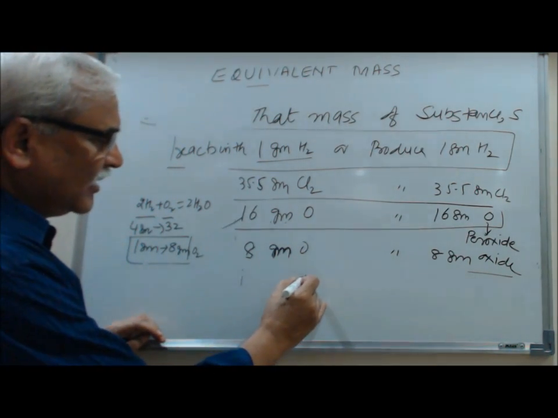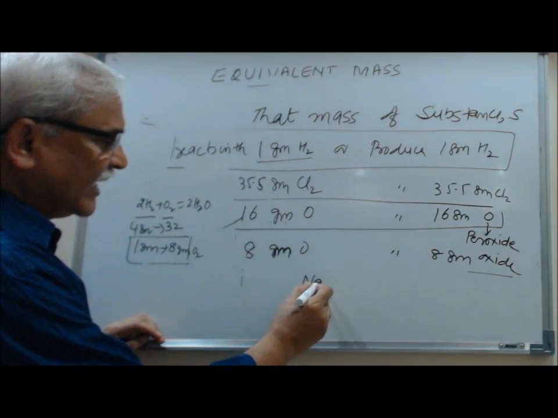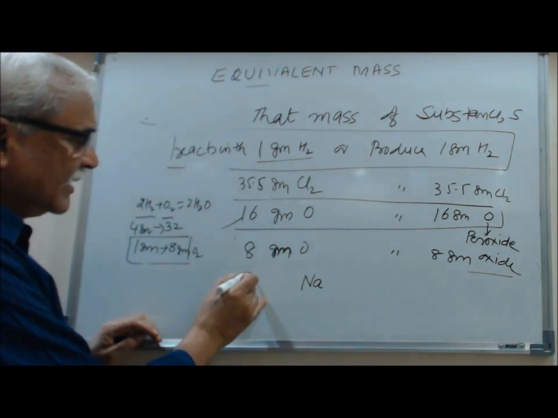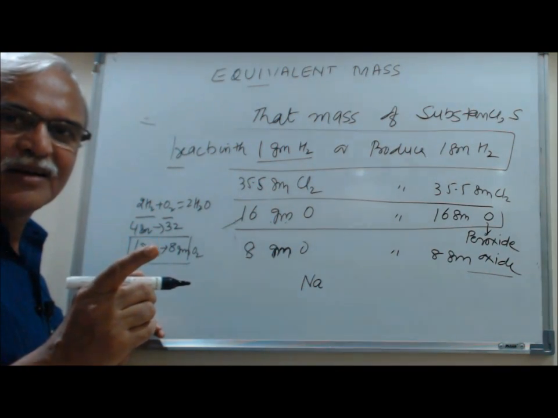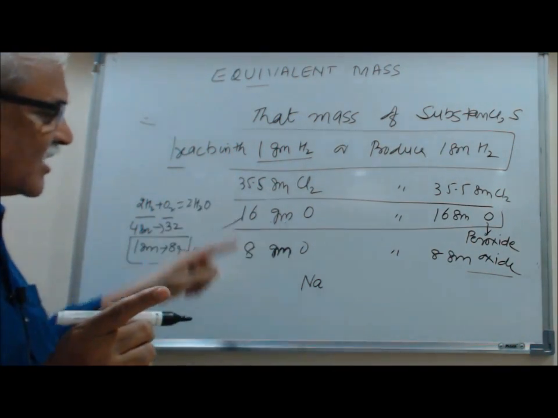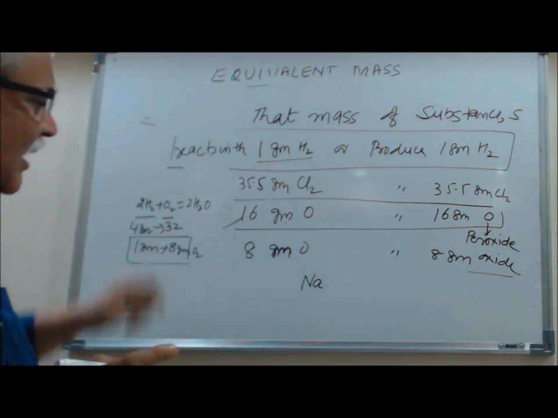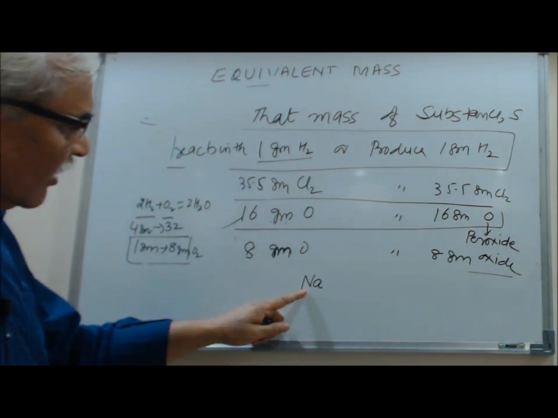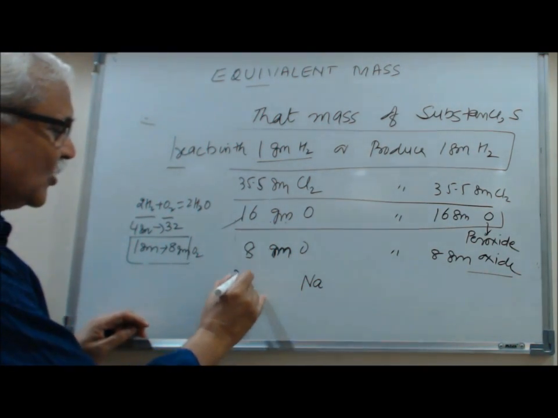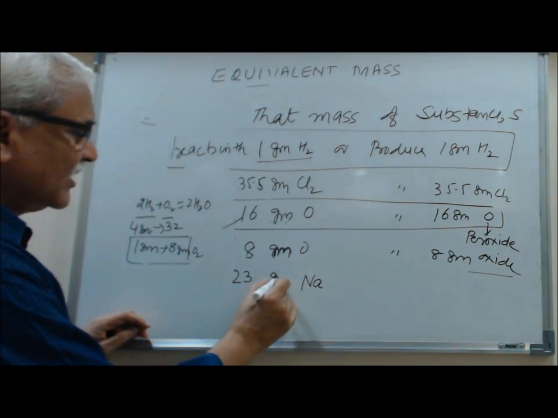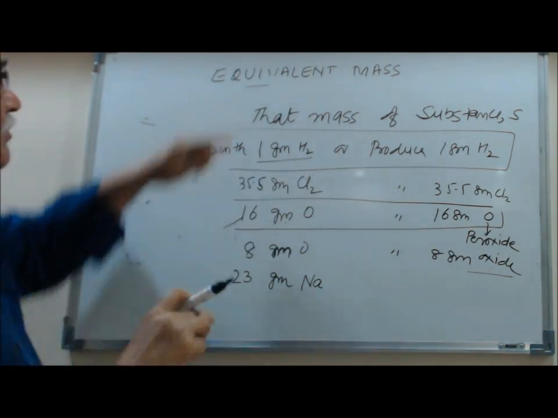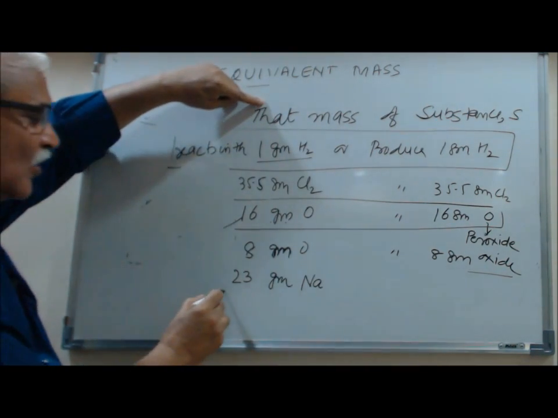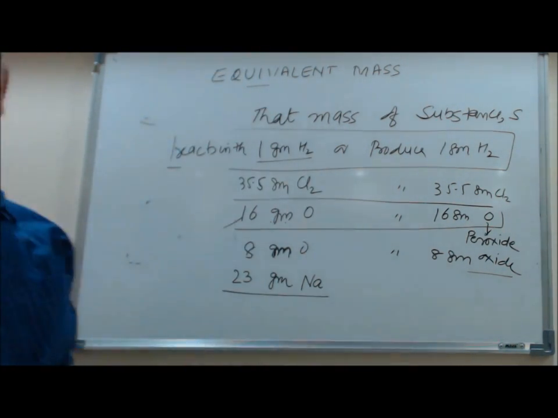Only thing to be assured of is that when we are adding the atom, here must come the equivalent mass of that atom. Am I clear? Because one equivalent always reacts with one equivalent. Some time back we saw equivalent mass of sodium is 23. You can definitely extend the definition here. That is, equivalent mass of substance is that mass of the substance which reacts with 23 gram sodium.